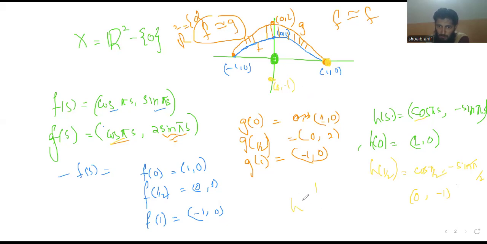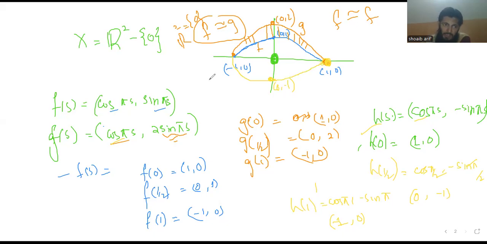If we substitute 1 in the place of s in this continuous map, this continuous path, we get h of 1 equal to cos pi comma minus sin pi. So cos pi is equal to -1 and sin pi is equal to 0. So we will get this point. So this is the graph of h of s.